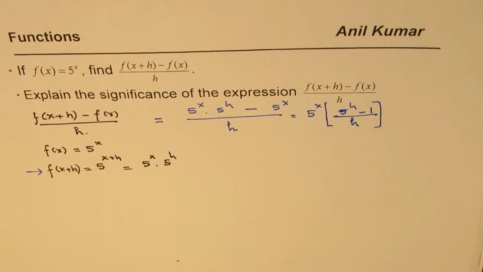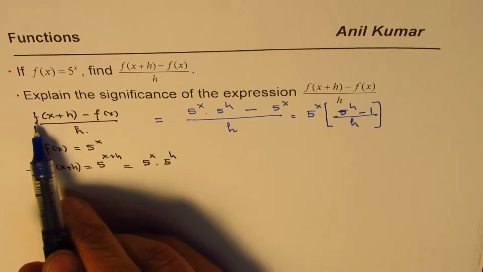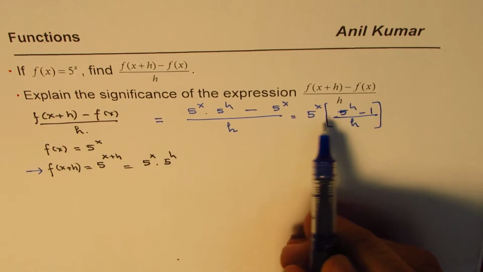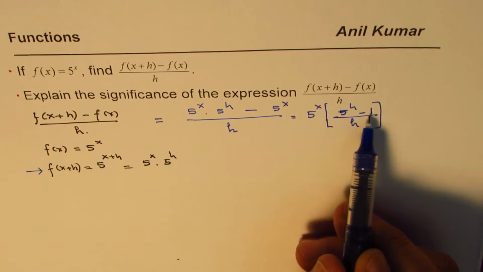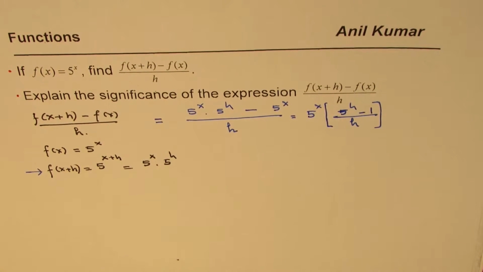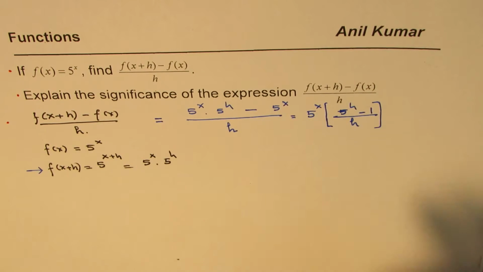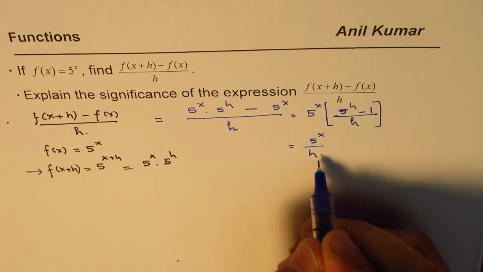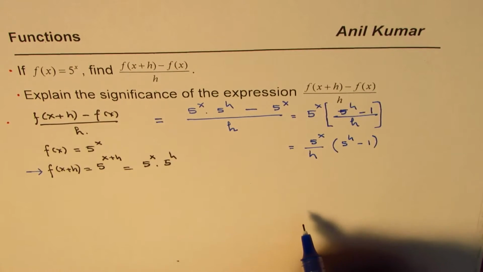So this expression (f of x plus h minus f of x) divided by h can be written as 5 to the power of x within brackets, (5 to the power of h minus 1) divided by h. So that is the answer for the first part. Well, you could also write this as 5 to the power of x over h times (5 to the power of h minus 1). Okay.